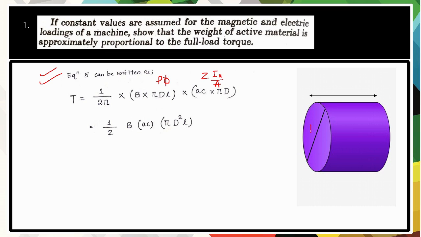You can see if this is the diameter, what is the perimeter? This length is perimeter or periphery. This length is pi d. And if this length is L, what is the surface area? Surface area is pi d L. That is what is written here.